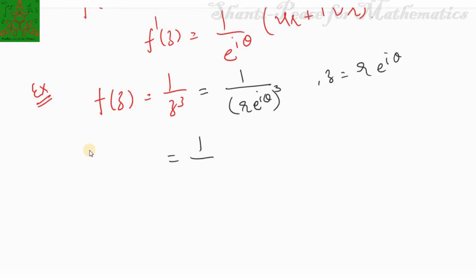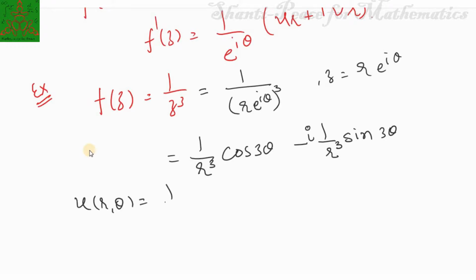So you can see that the real part will be 1 by r cube cos 3 theta, minus 1 by r cube sin 3 theta i. So u of r theta is 1 by r cube cos 3 theta. v of r theta is minus 1 by r cube sin 3 theta.